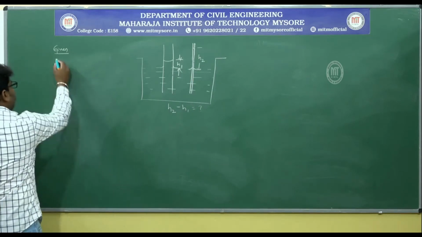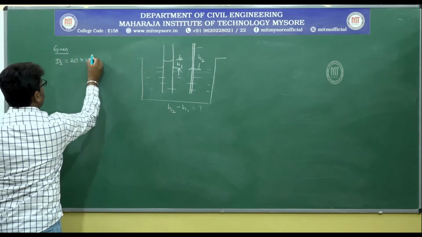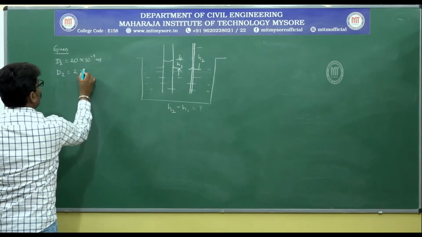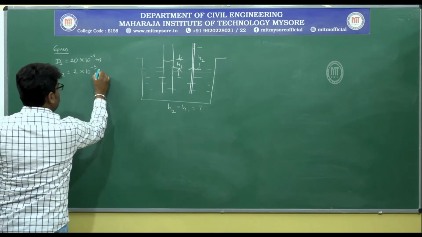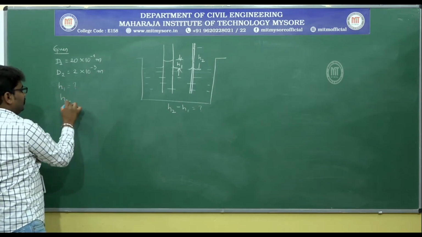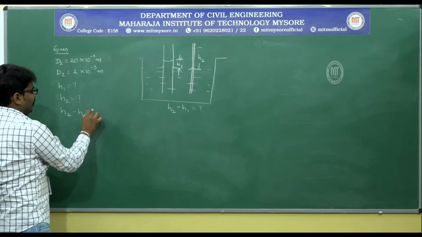So, I have D1 as 20 millimeter, that is 20 into 10 power minus 3 meter, D2 as 2 into 10 power minus 3 meter. You will have to find out H1 and H2, so that you will get to know what is H2 minus H1.